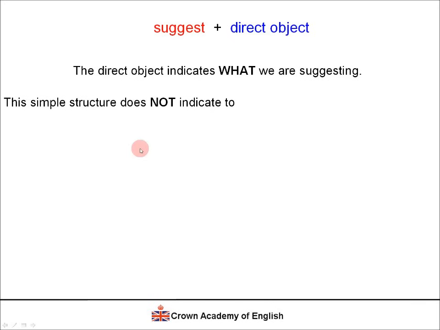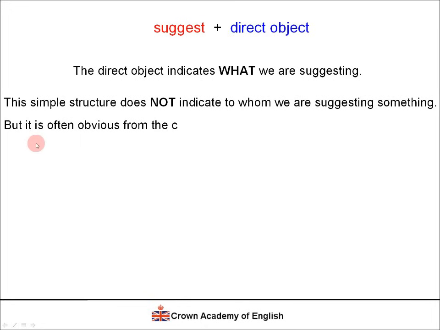And this simple structure, it does not indicate to whom we are suggesting something. Okay, so we do not know the person to whom we are making the suggestion. We only know the thing. However, it is often obvious from the context.